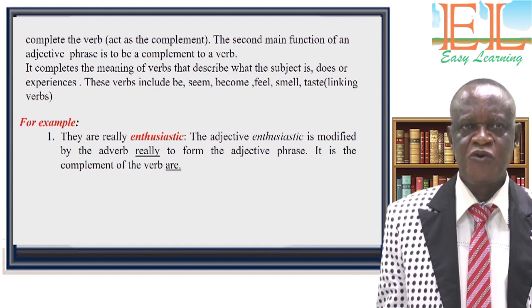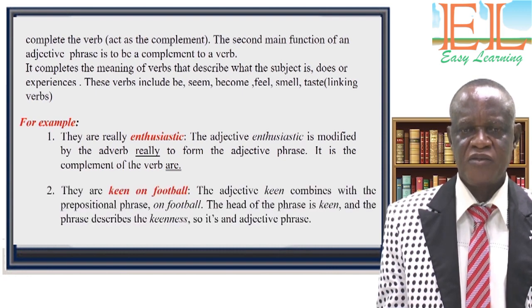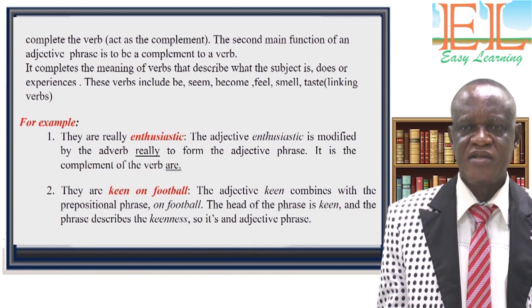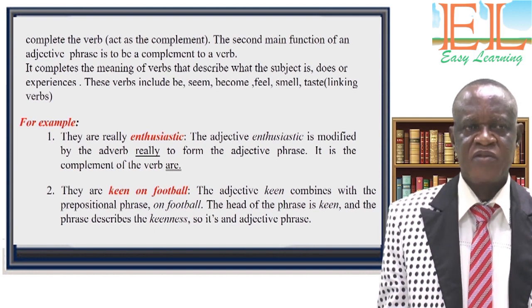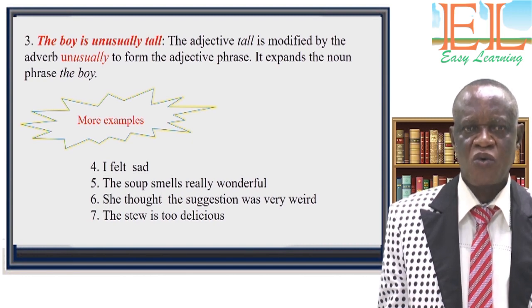They are keen on football. The adjective keen combines with the prepositional phrase on football. The head of the phrase is keen, and the phrase describes the keenness, so it's an adjective phrase. A third example, the boy is unusually tall.